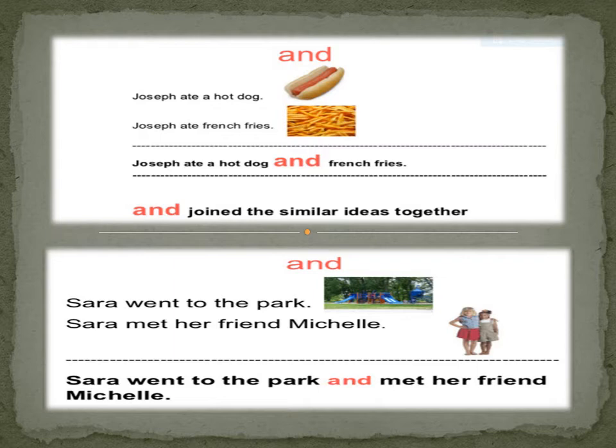Only after Sarah went to the park, she met her friend Michelle. So and is also used to join the sentences where things are being done in an order.